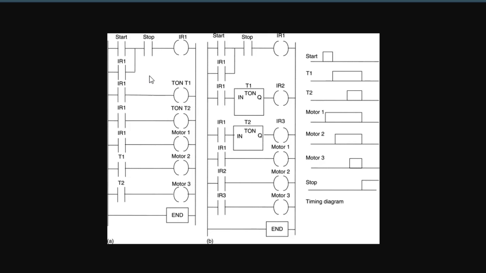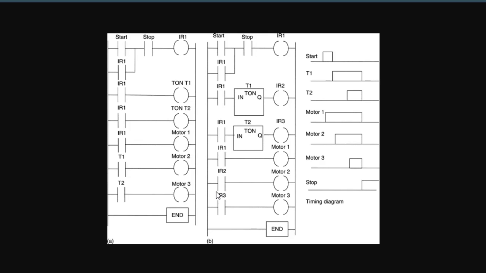Now if you see further, this IR1 is being used as an input switch to many of these T-on motors and the further outputs. Similarly, in the second part of this diagram, IR1 is also an output, which is being further used as input switches in the further ladder logics.